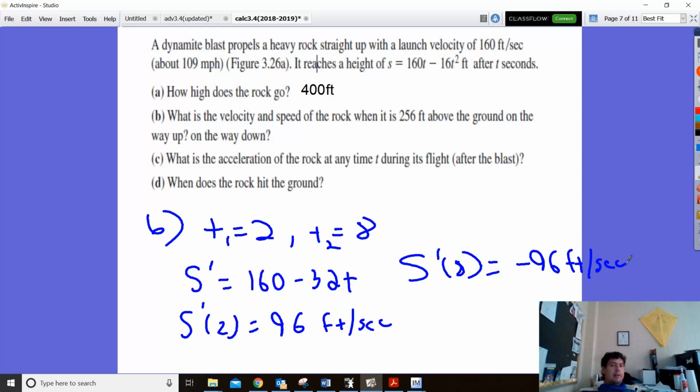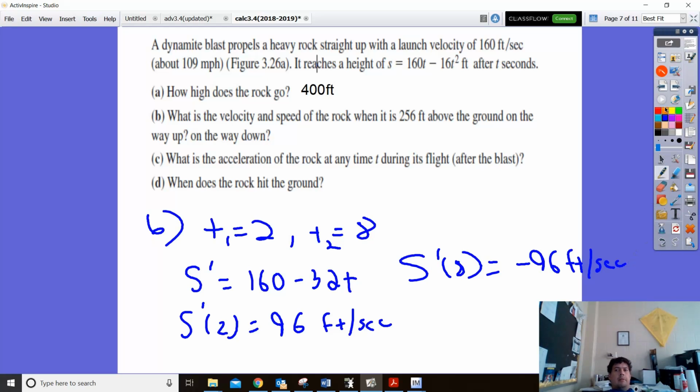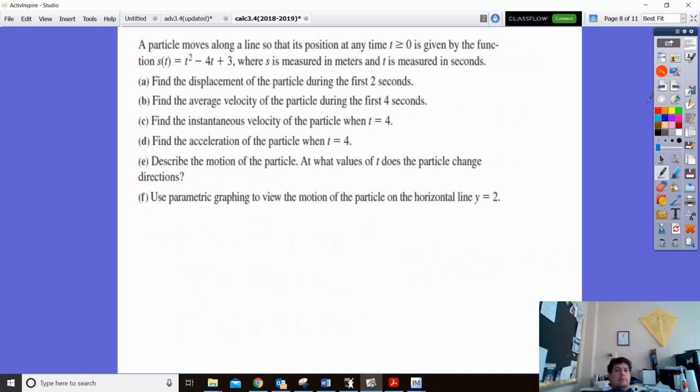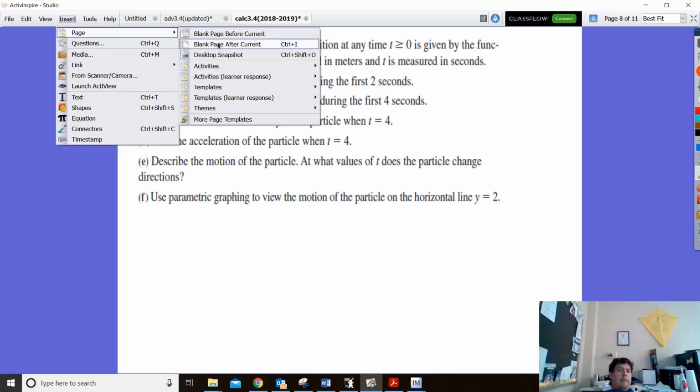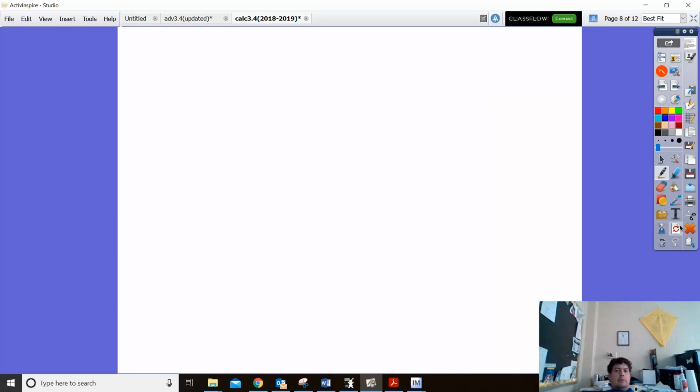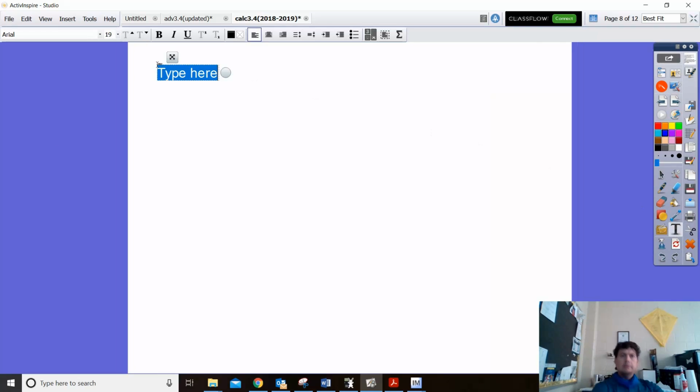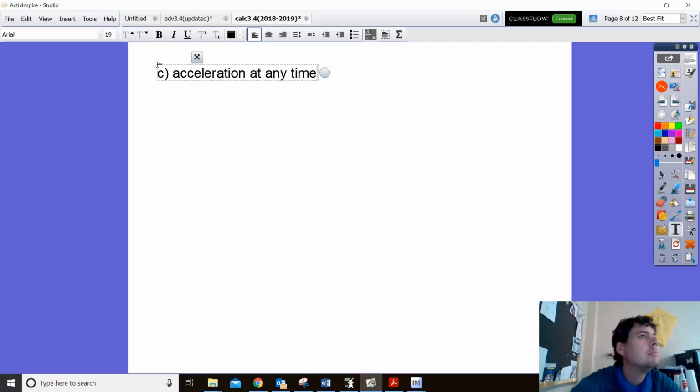All right, what is the acceleration of the rock at any time during its flight? Oh, that's different. C says acceleration, doesn't it? So C is the acceleration at any time. How do you find that?